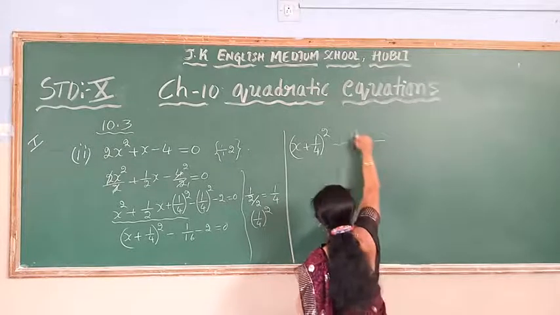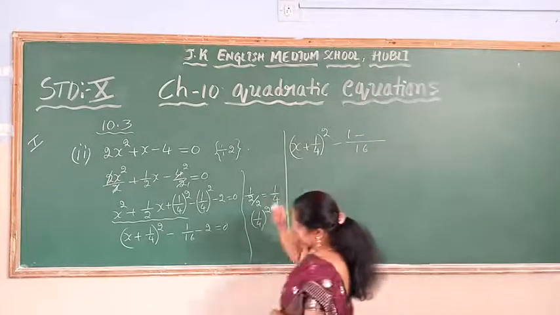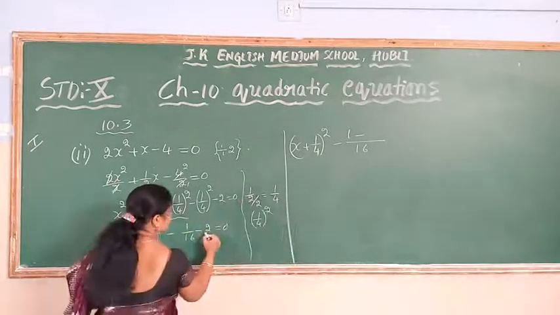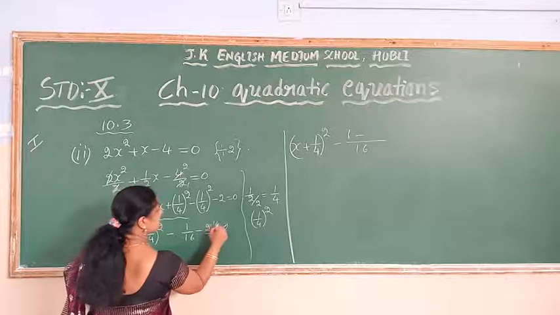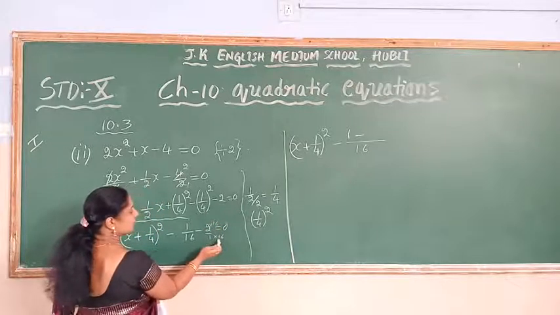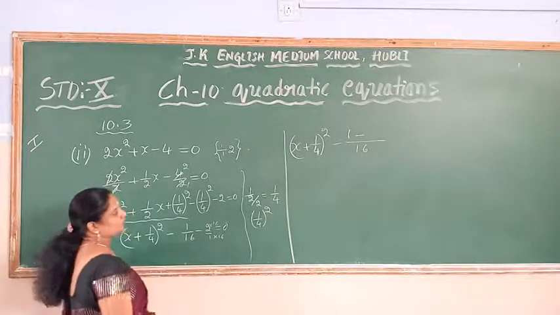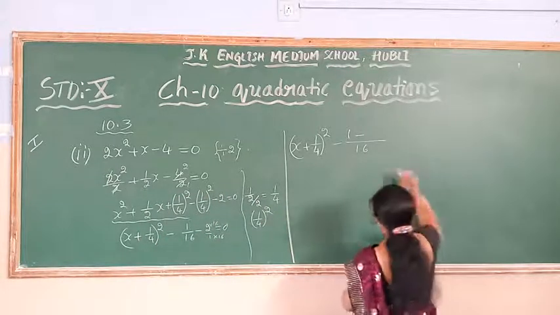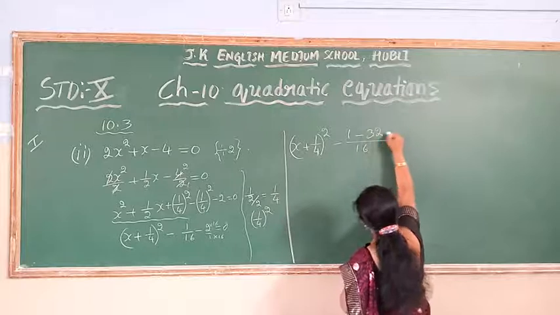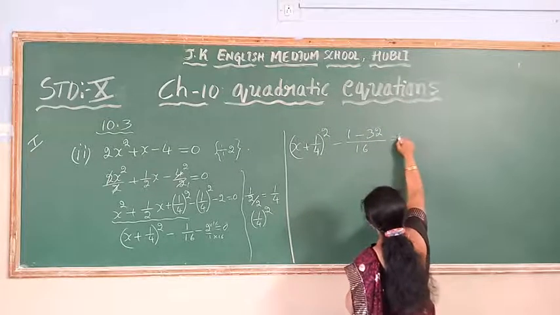Simplify this, take the LCM, 16. 1 minus 2; here no number is written, so 1 is there. Multiply both numerator and denominator by 16 to make the denominator the same by taking the LCM. Then 16 twos are 32. This is equal to 0.